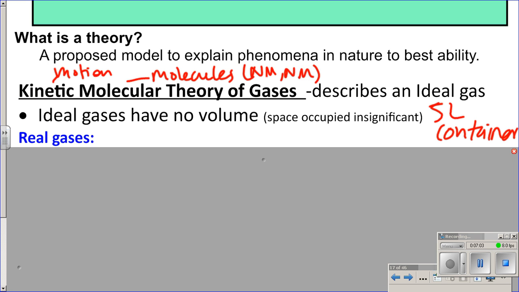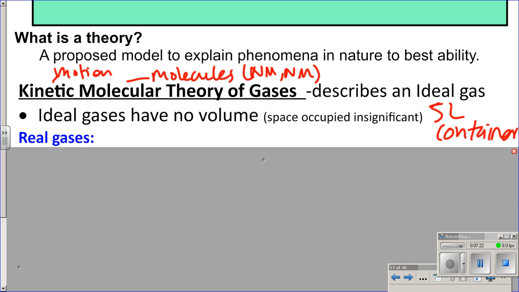That means that those gas molecules have a whole entire 5 liters to move around. Okay, but does mass have no volume? No, that's a flat out lie, right? But if we assume that they're almost zero, it makes our math so much easier.